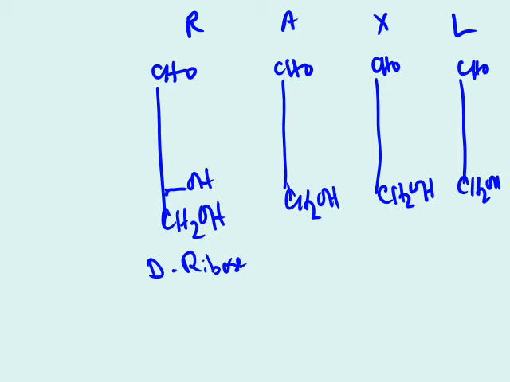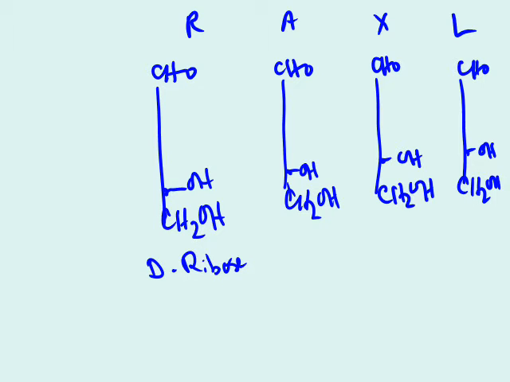Since the next one is D-arabinose, it is also going to be on the right. D-xylose, OH on the right. D-lyxose, on the right. So I'm coming up with the right configurations. Keep in mind, I have already assigned one chirality center and there are two other chirality centers for this compound.